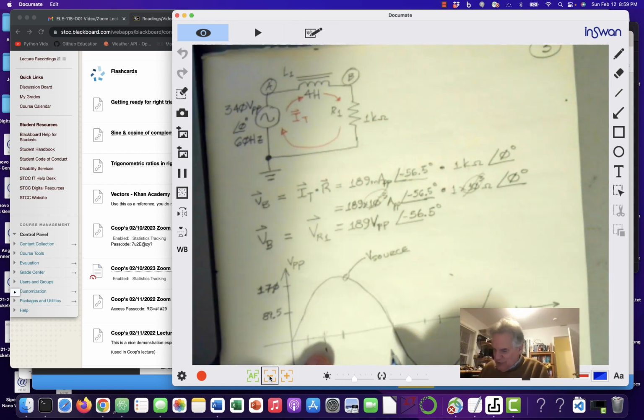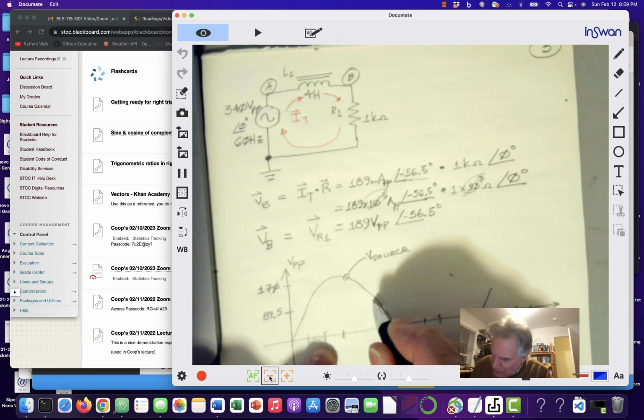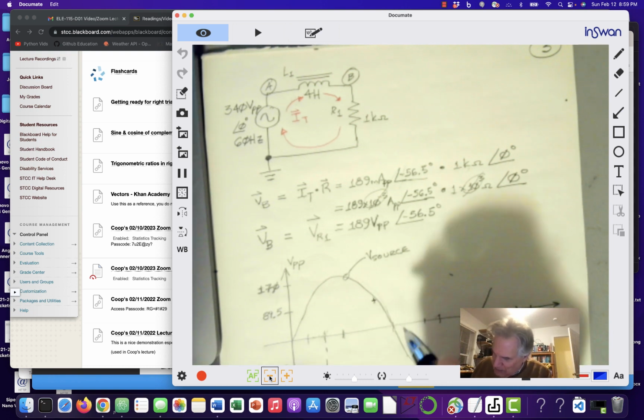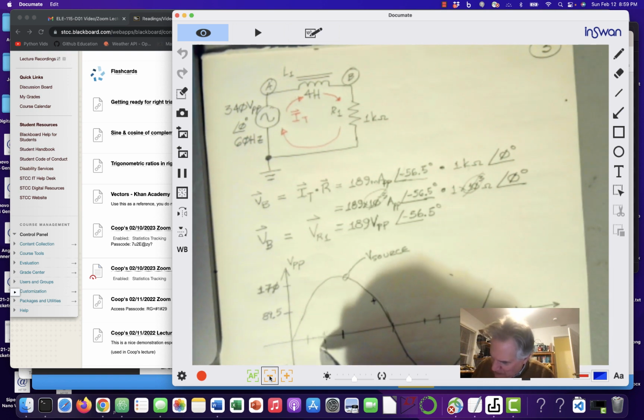So this is 60 and 90 would be 150. So this will reach its peak maybe about here. So it'll be coming like this.